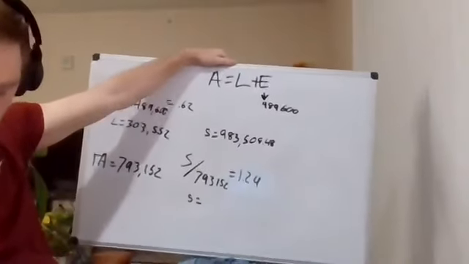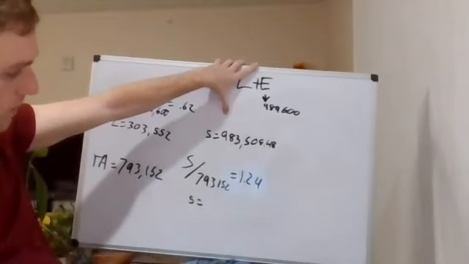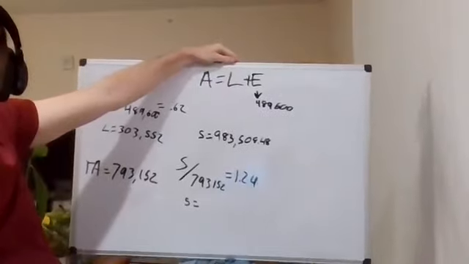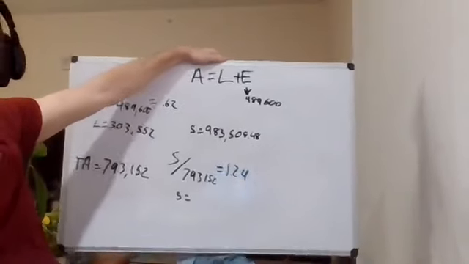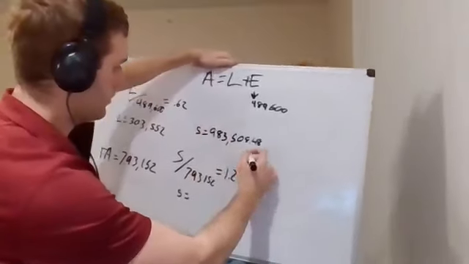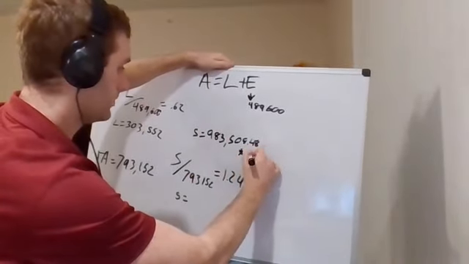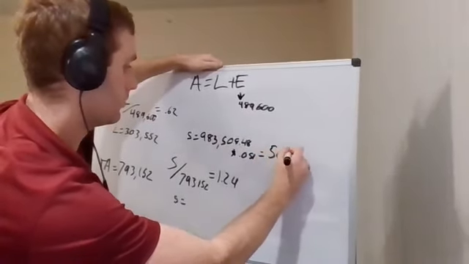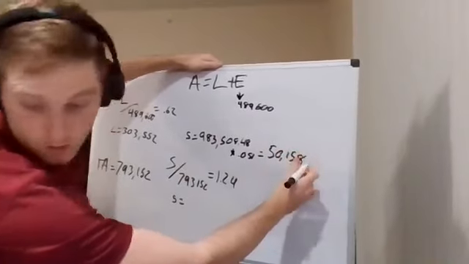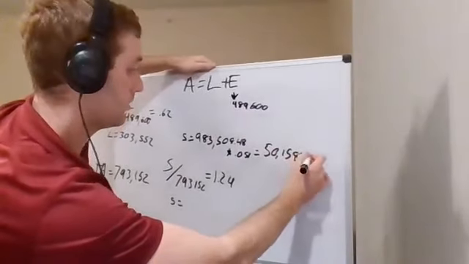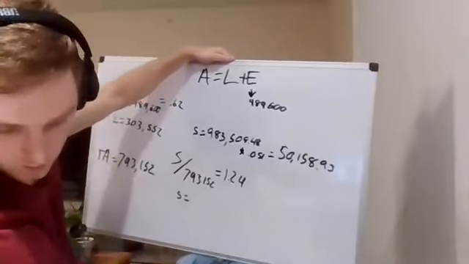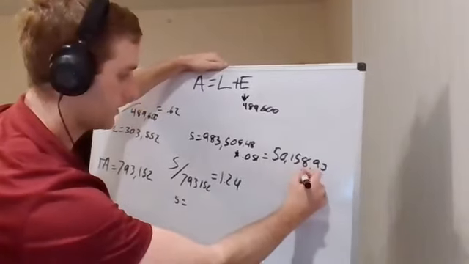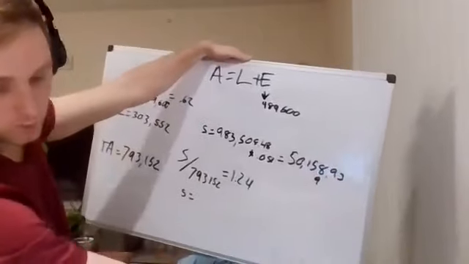We are looking for our net income, so I'm going to multiply sales by 0.051, which equals 50,158.93, or if we round it up, 50,159. So that would be C.